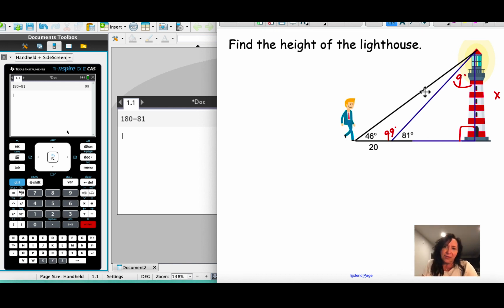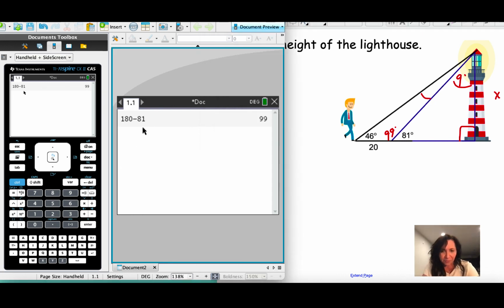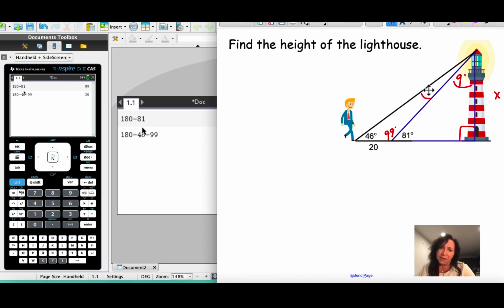Similarly, to find this angle up top, you would go 180, subtract 46 degrees, and subtract 99 degrees, and I get 35. So that angle at the very top is 35 degrees.